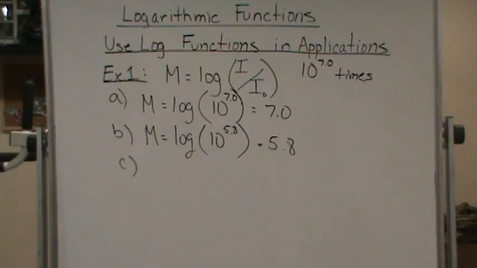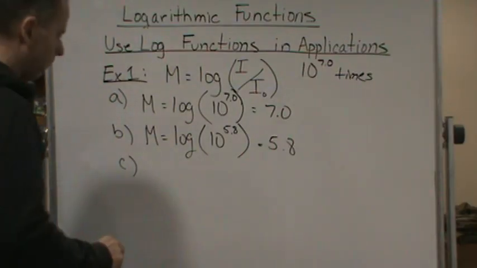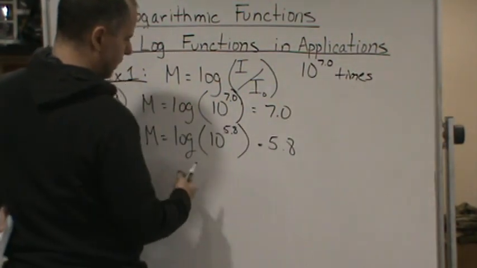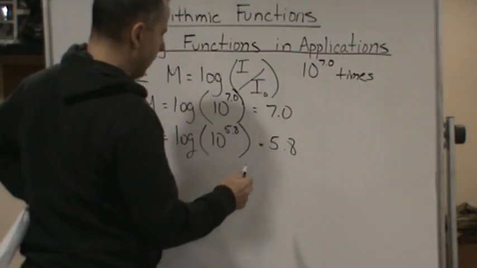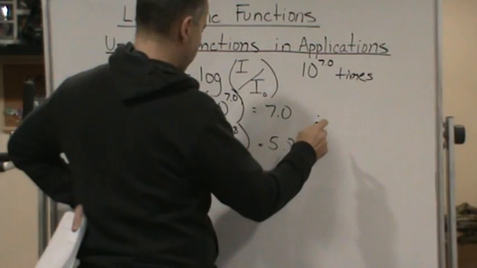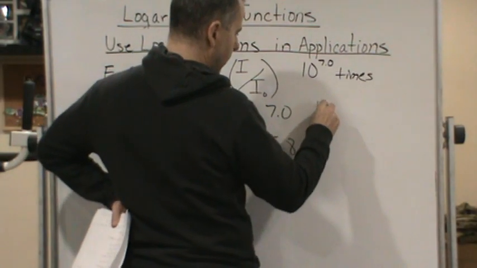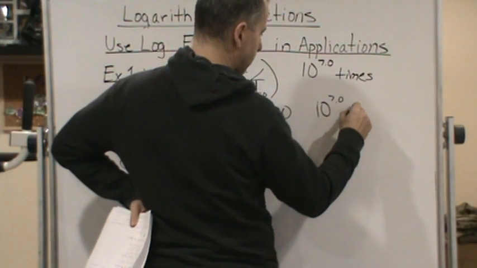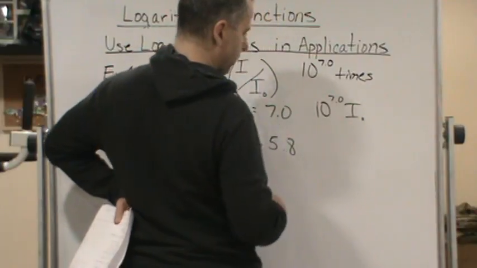Or we could look at how many times each one was the reference intensity. We know that the one earthquake was 10 to the 7.0 times the reference intensity.